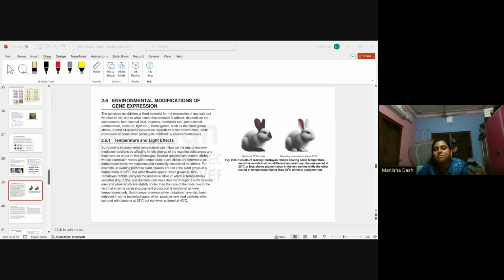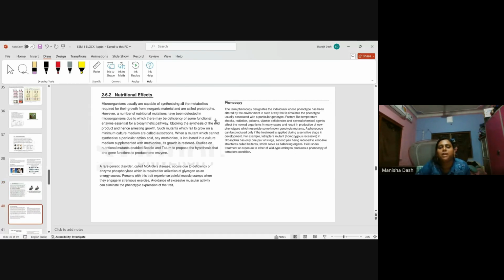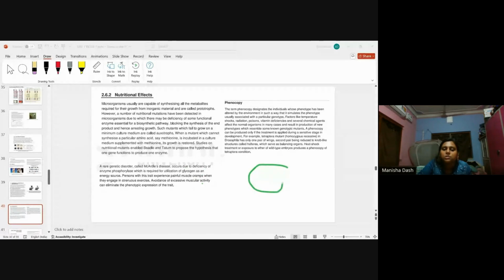This is described by a term called phenocopy. Phenocopy simply means copying the phenotype. For example, take a plant having capital T and small t. What phenotype do we expect? We expect a tall phenotype.